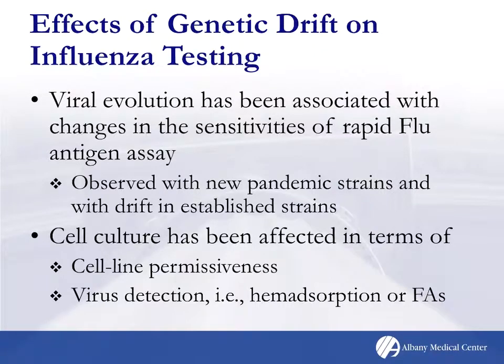So whether it's with the established strains, and as they drift, the antigen assays will lose sensitivity, or whether it's the new pandemic strain like they saw in 2009, the antigen assay started to perform very poorly with those viruses. But also there's been problems with cell culture over the years, where you'll have some years that the viruses will like another cell line better than what you classically had been using, or your ability to detect the viral replication, whether by hemabsorption or by fluorescent antibodies.